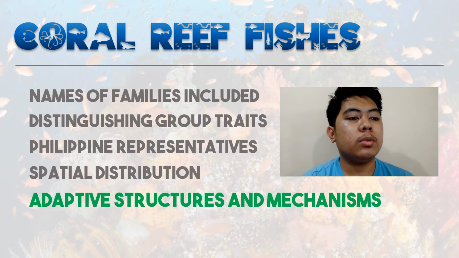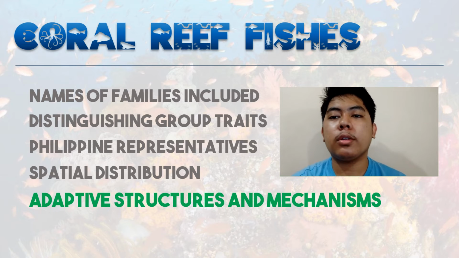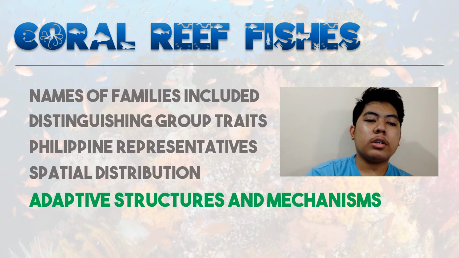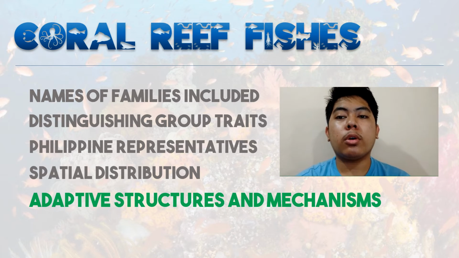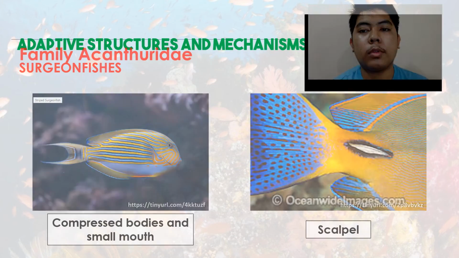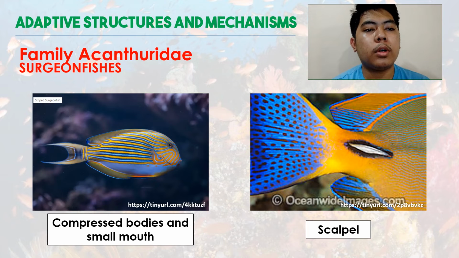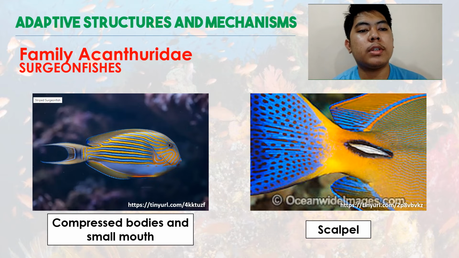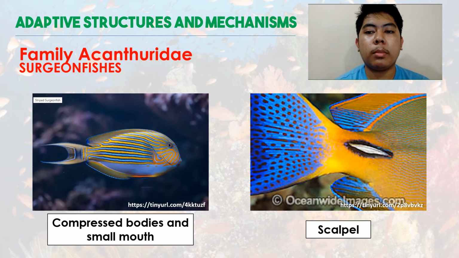We now proceed to the highlight of this discussion, the adaptive structures and mechanisms of the commercially important coral reef fishes. For family Acanthuridae of the surgeonfishes, first is that they have compressed bodies with small mouths.